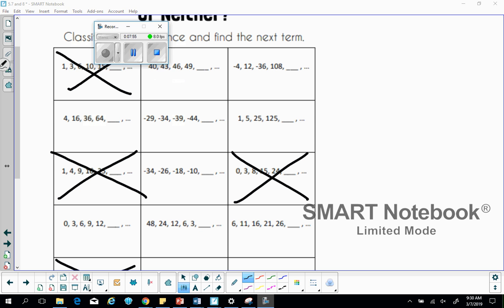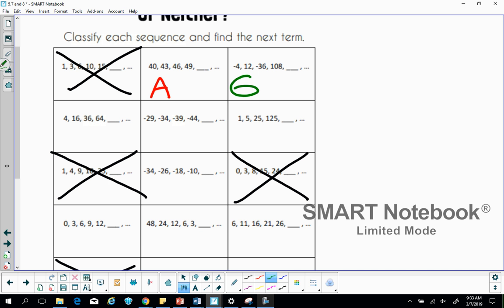I am going to cold call. Victor, what's this first one? Is it geometric or arithmetic? Arithmetic, right? Because we're adding over and over. Good. Riptiana, what's this one?